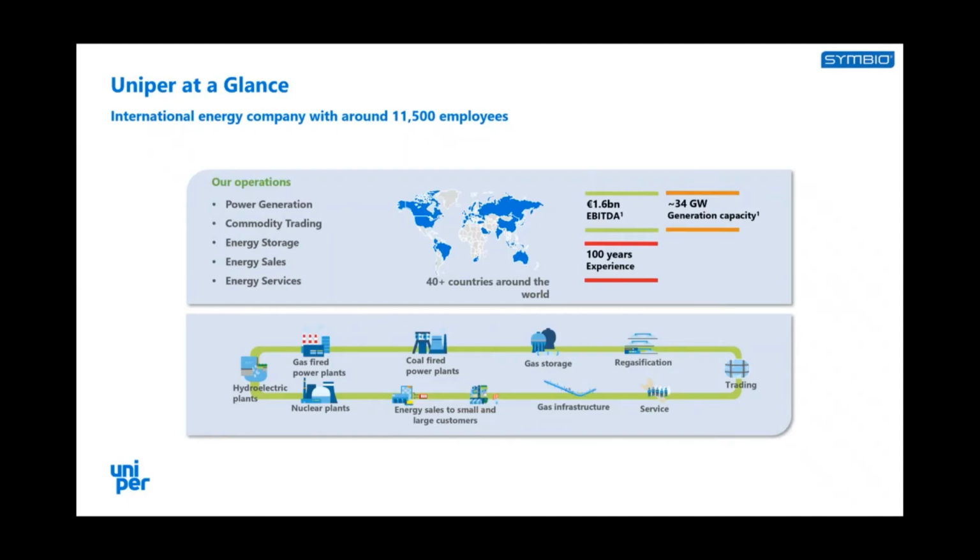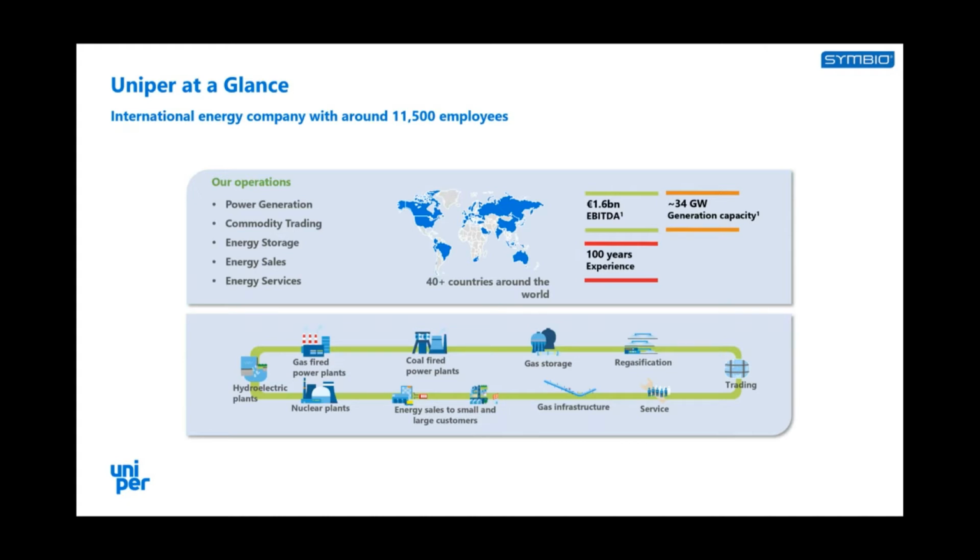I just wanted to give a brief introduction to who Uniper is before we actually talk about processes. So Uniper is an international energy provider. It's present in about 40 countries and with roughly 11,500 employees. We generate, trade, and market energy on a large scale.